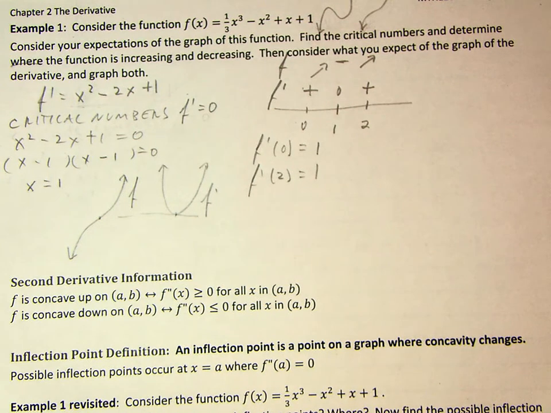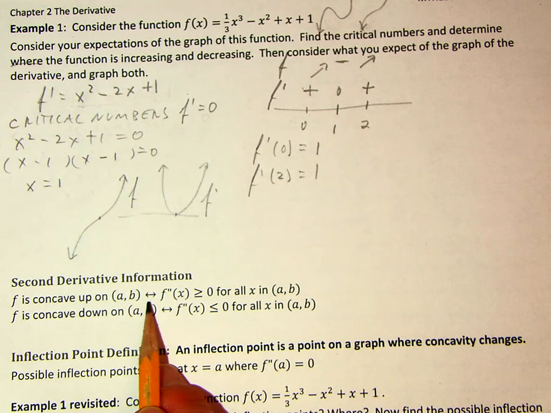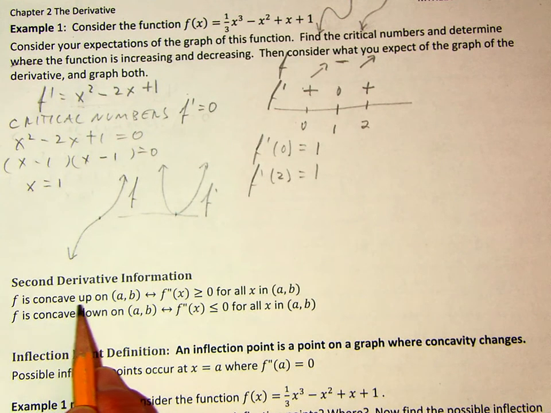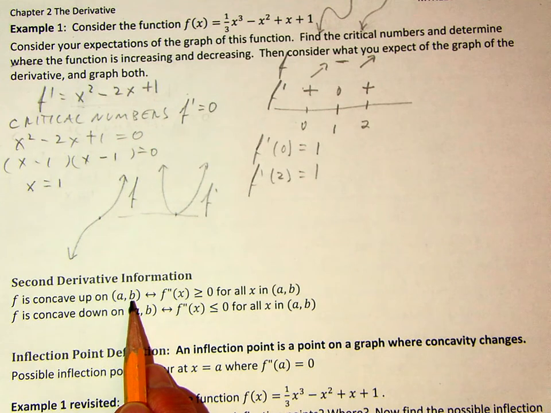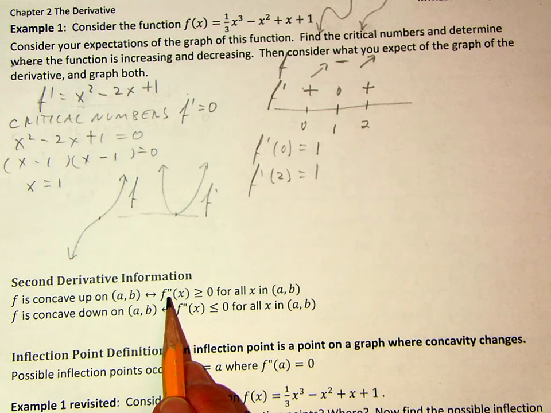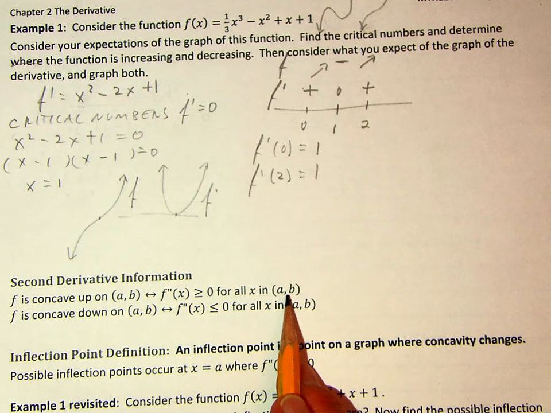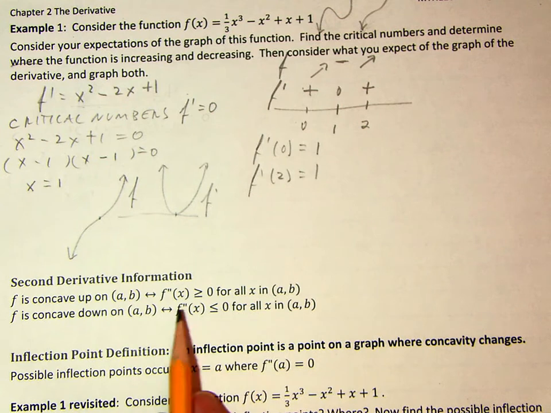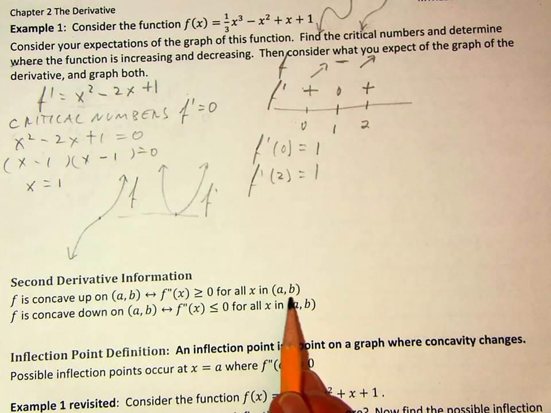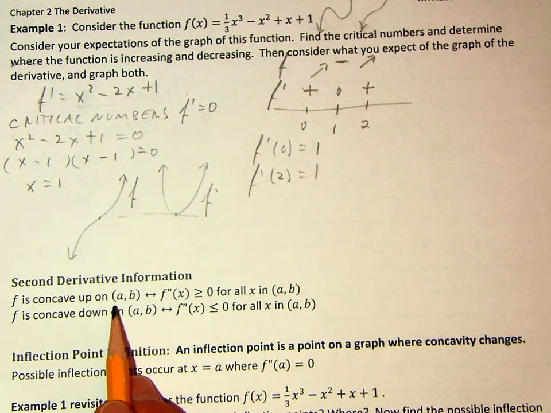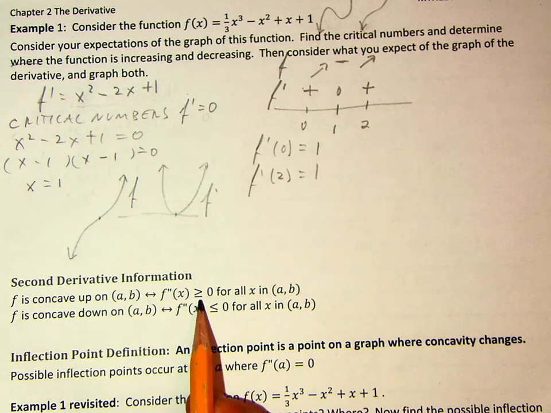So the double-headed arrow tells you the logic is working in both directions. So the function is concave up on the interval, tells you that the second derivative will be positive for all x in that interval. On the other hand, if the second derivative is positive for all x in the interval, then the function is concave up. And I think they're only putting in the or equals here if we were at the endpoints.